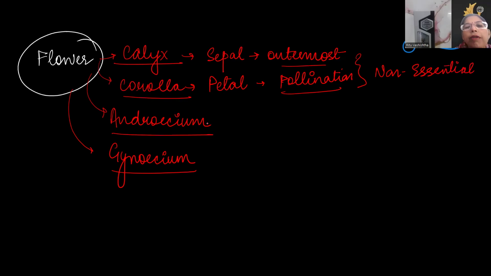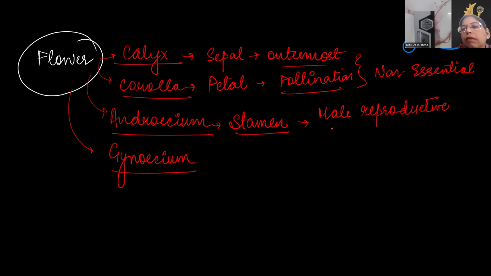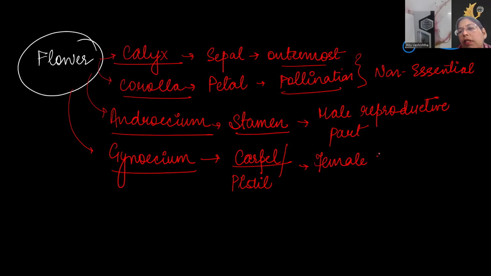When we talk about androecium, its unit is stamen. It is the male reproductive part of the flower. Gynoecium is the female reproductive part of the flower. Its unit is carpel, also known as the pistil. This is the female reproductive part of the flower.